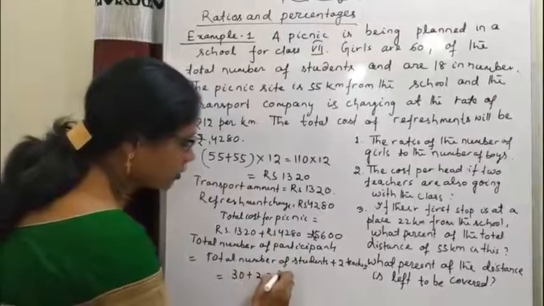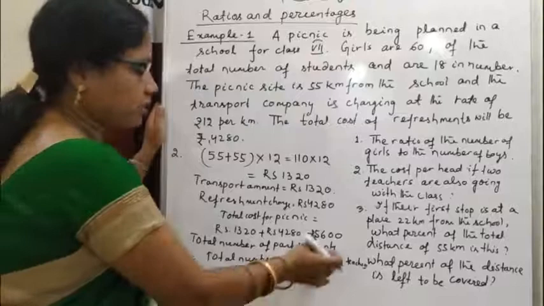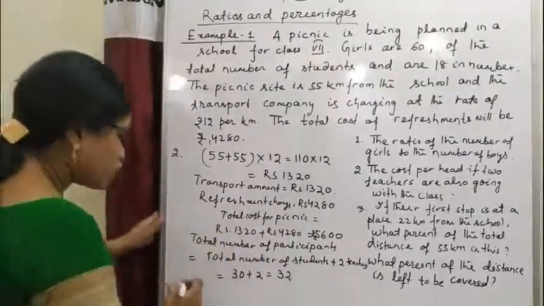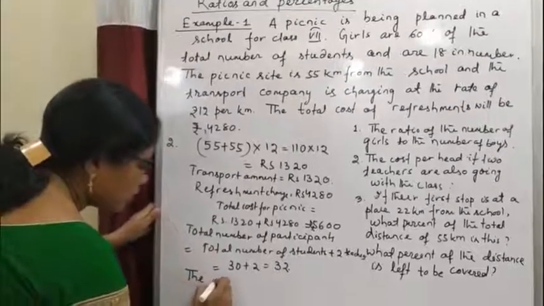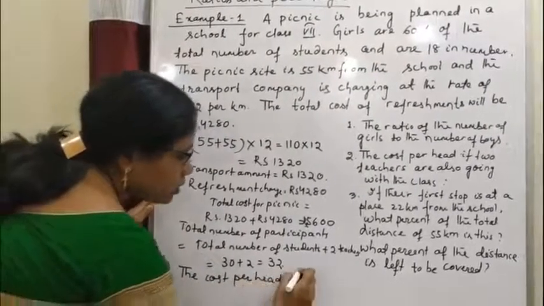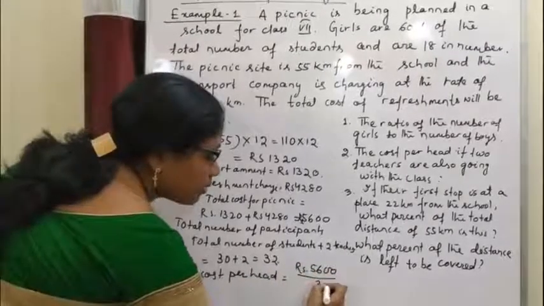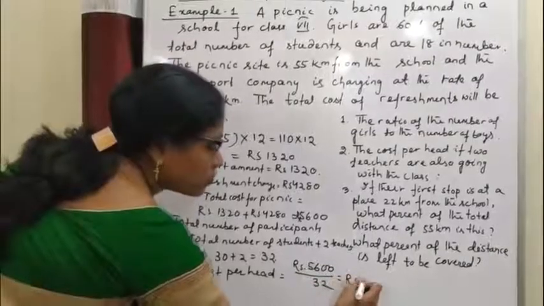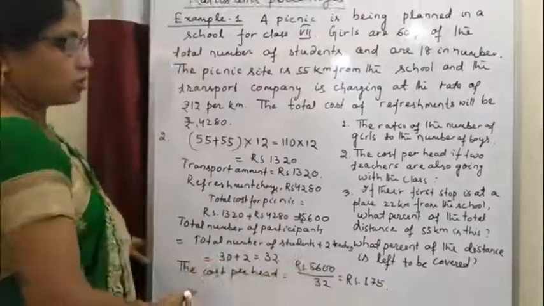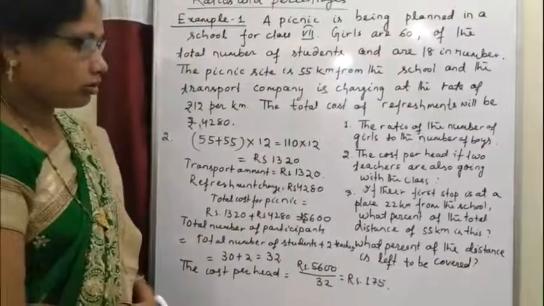So this is equal to 32. So for 32 participants the total cost is 5600. So the cost per head is equal to rupees 5600 divided by 32. So this is equal to rupees 175. So this is the cost per head if teachers are also going with the class.